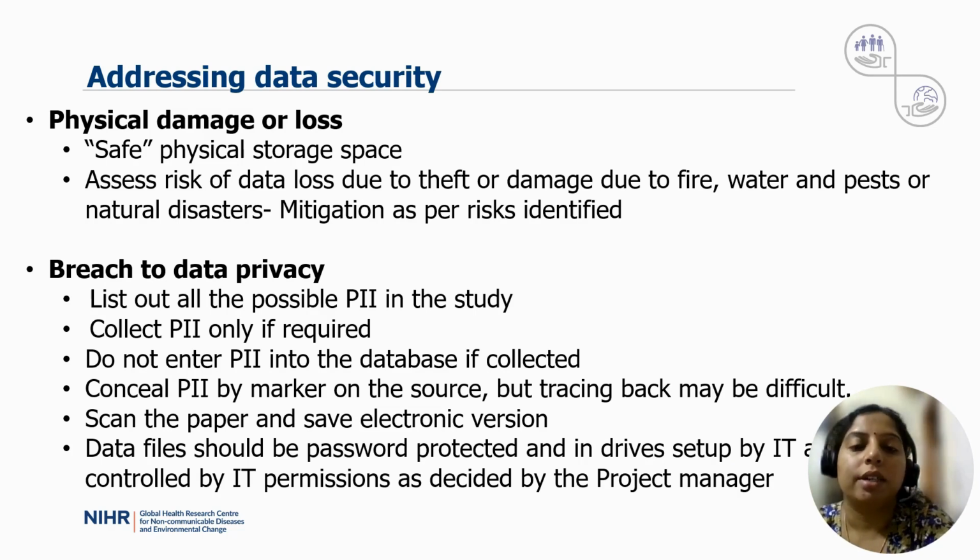To address data security, there should be prior planning of the estimated storage space required, and details of how long you are going to keep the paper records. Assess the level of risk and have a mitigation plan in place. For example, understand if the storage area is prone to floods or not.